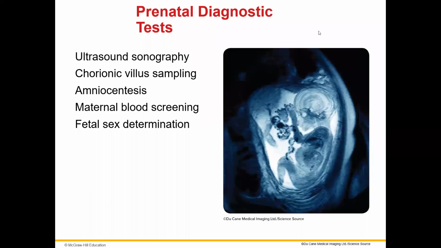Actually, I should correct myself here. Now that I'm looking at that picture, it's too clear to be an ultrasound. That would be a fetal MRI. That's being shown in this picture here.